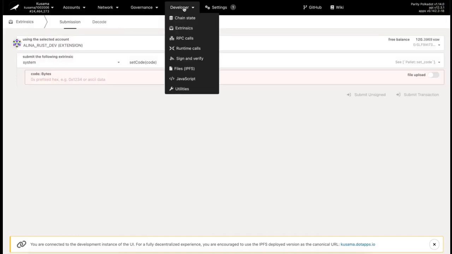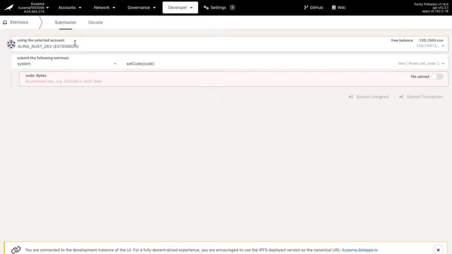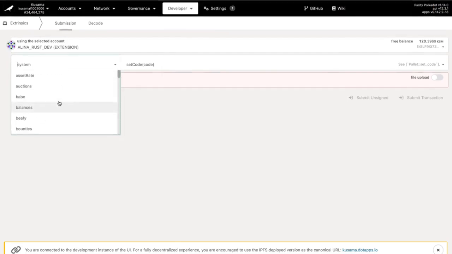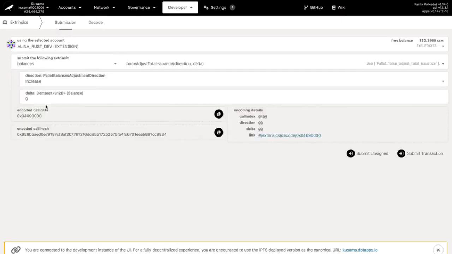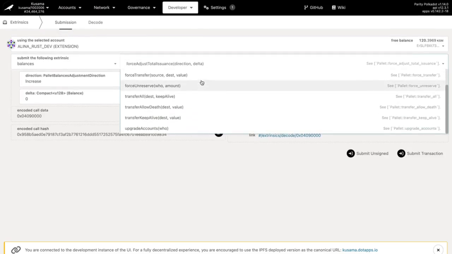Also, we should take a look at the extrinsics to see what extrinsics the Balances pallet has. Here we can see all the calls from the Balances pallet. Actually, not all of them.